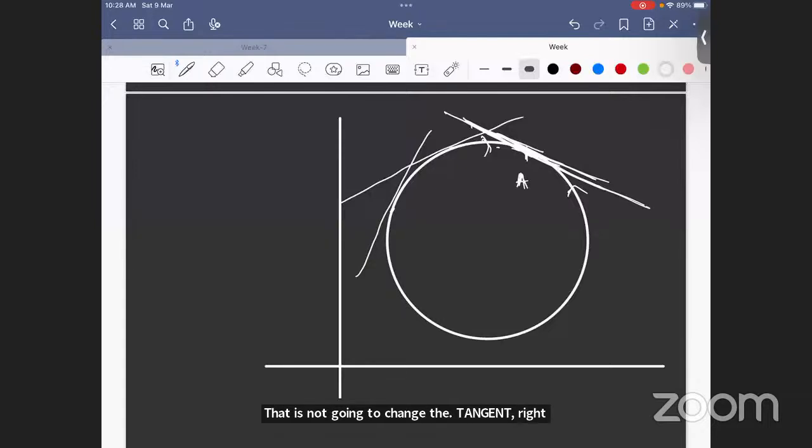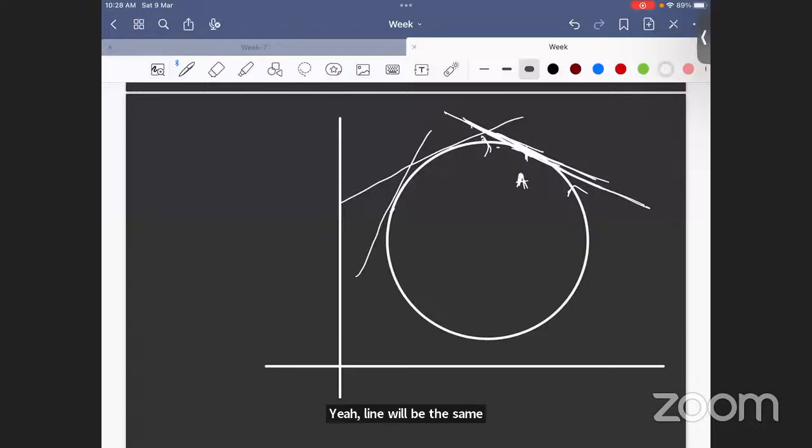Is this clear or not? Yes, sir. As long as we have the circle, the tangent at that point gives the direction of the point that is moving. The line that you are getting at each particular point will be the same.